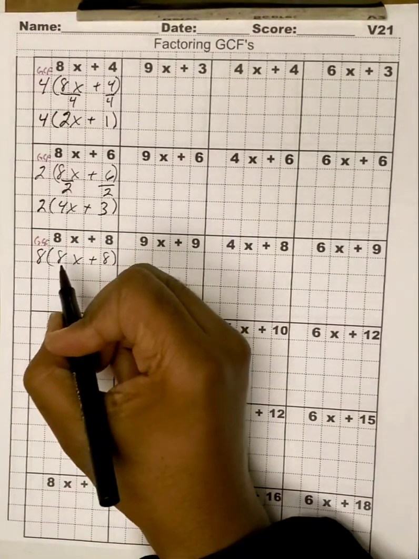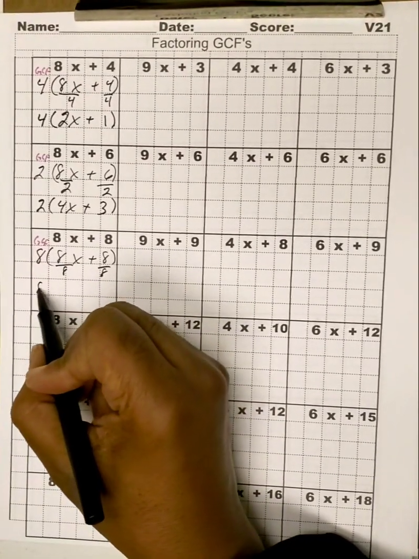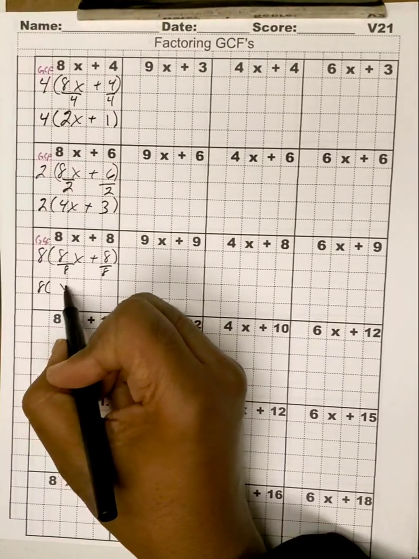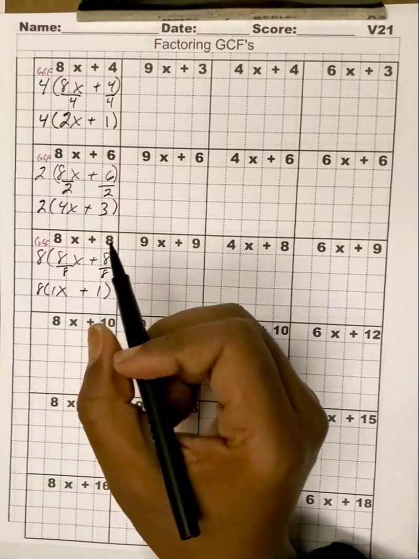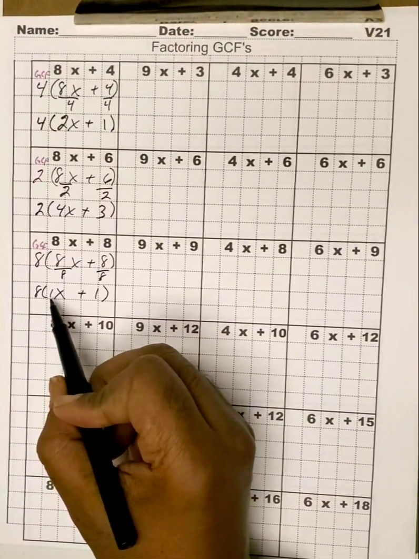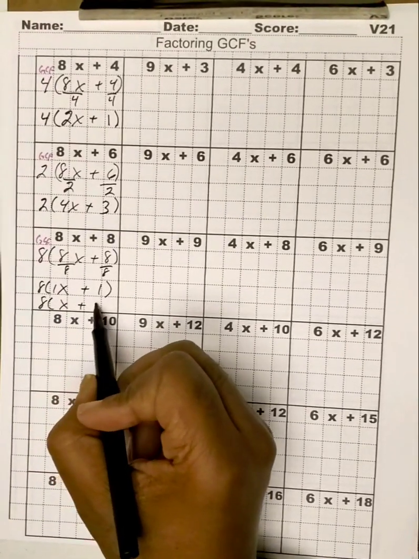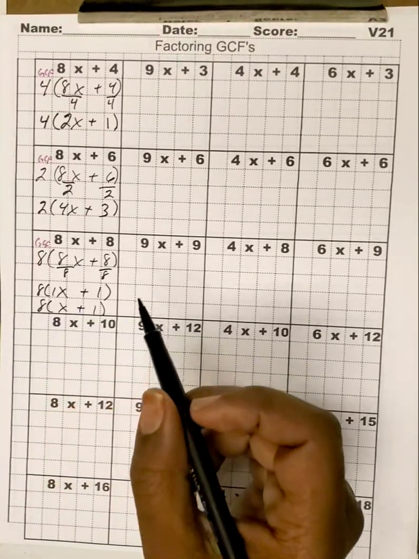Not only do you multiply by the greatest common factor, you divide also. So we end up with 8 parentheses. 8 divided by 8 is 1x, plus 8 divided by 8 is 1. And if there's a 1 in front of a variable, you can neglect to write it because the 1 is understood, so it's still there. We just call it understood 1.